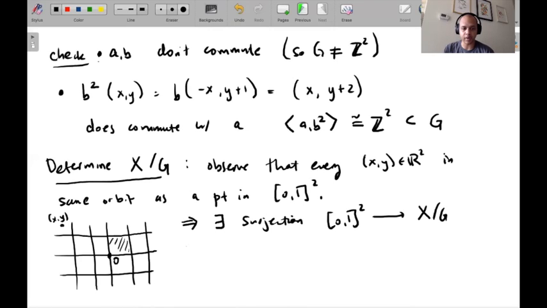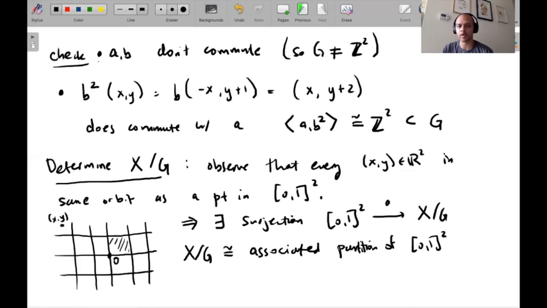Yeah, right. So X mod G, the orbit space, is topologically equivalent to the associated partition of the cube under this map.